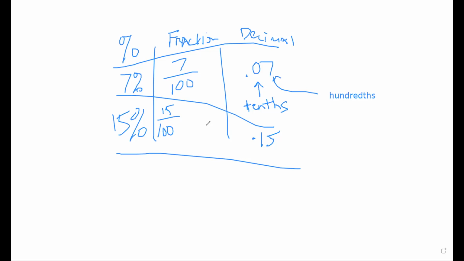If you're in my algebra class, though, I'm going to tell you to reduce that fraction. It's the same as 3 out of 20, because both of these are divisible by 5. Because with fractions, you should always try to get the lowest terms.